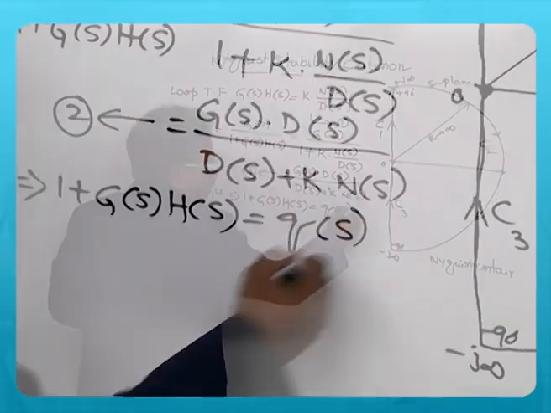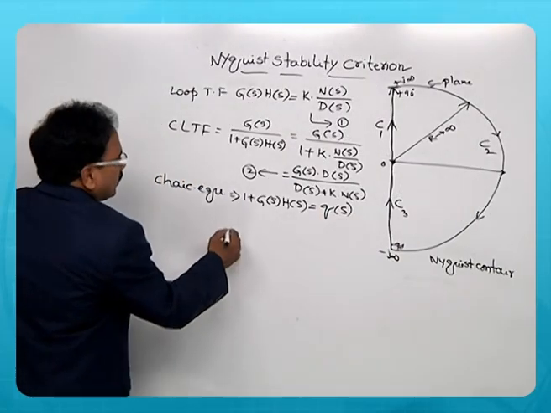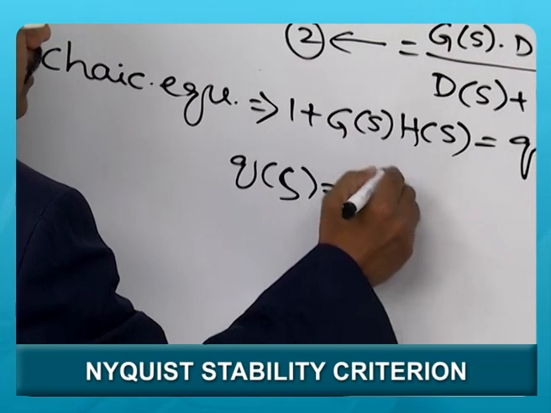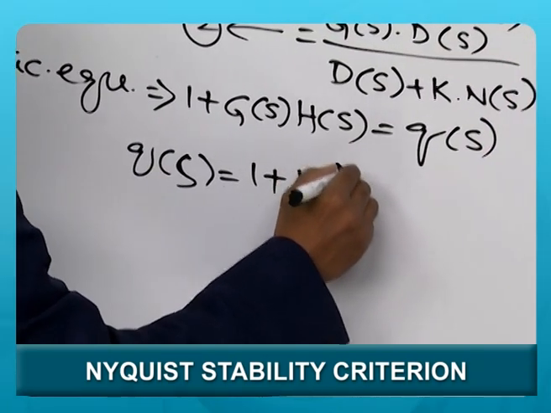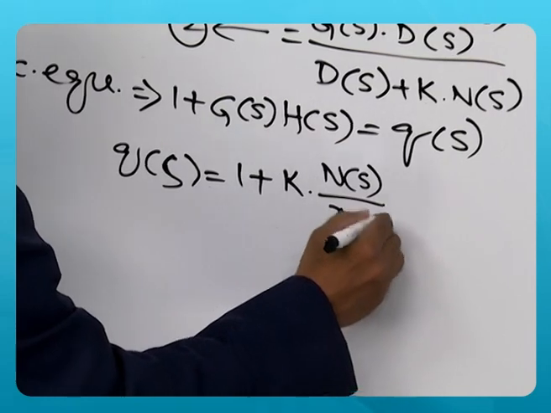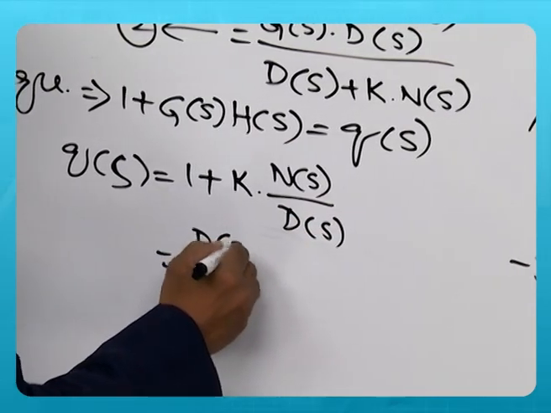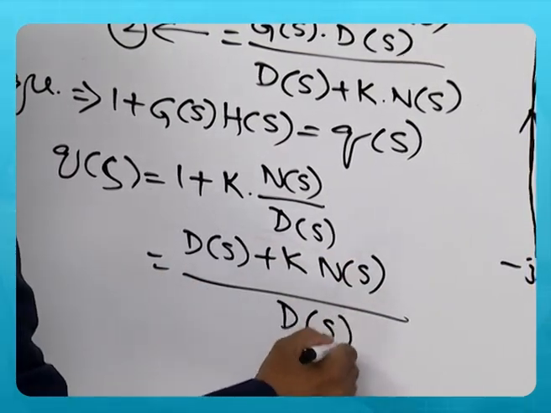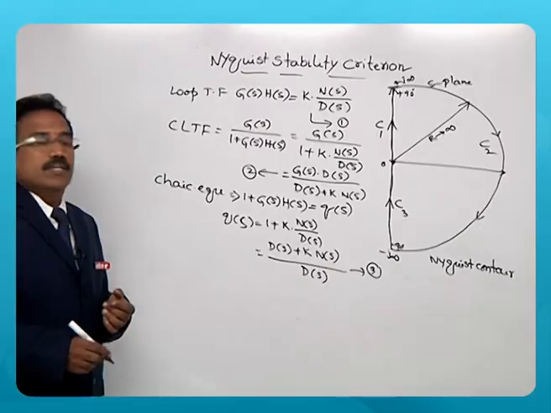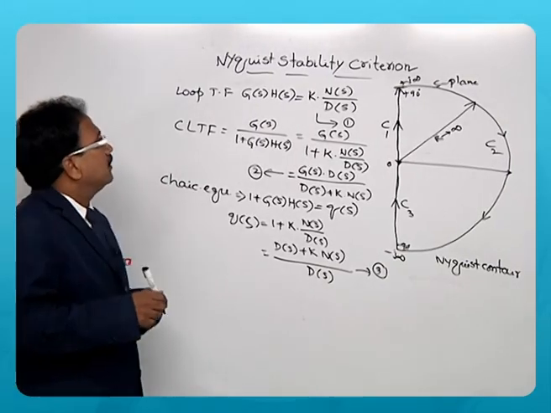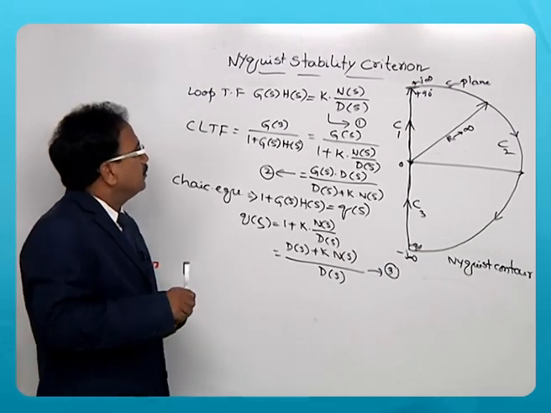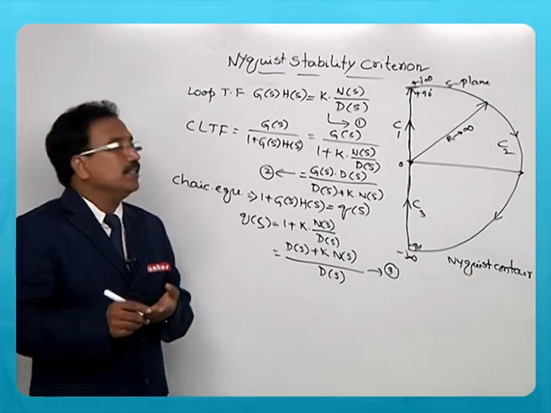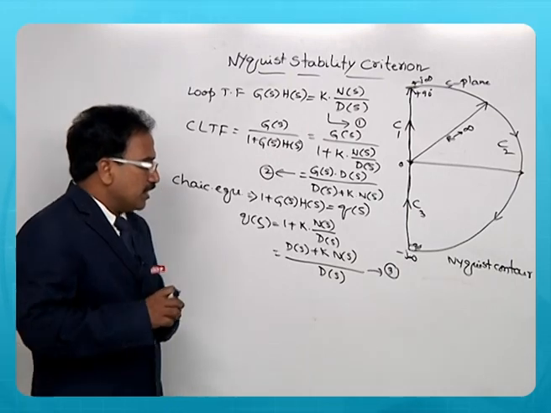You can call this Q(s). So Q(s) is the characteristic equation 1 plus K N(s) by D(s), which is D(s) plus K N(s) by D(s). Call this equation number 3. Equation 1 depicts the loop transfer function, equation 2 the closed loop transfer function, and equation 3, the characteristic equation, is nothing but the denominator of the closed loop transfer function.